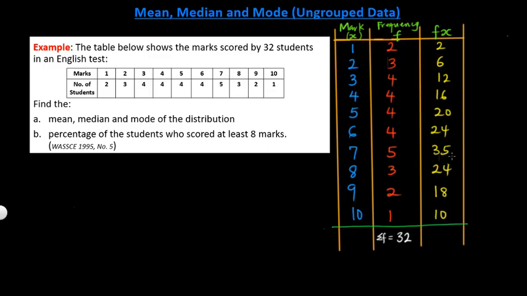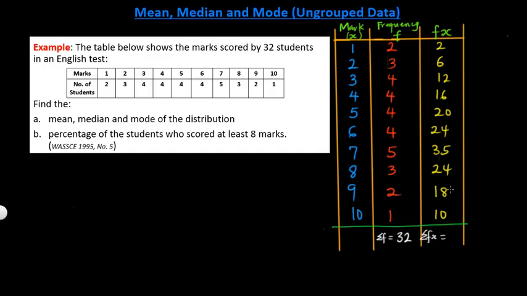So the total sum of this, the summation fx, if we add this together now, 8, 20, 36, 56, 80, 80 plus this, that's 115 with all this.